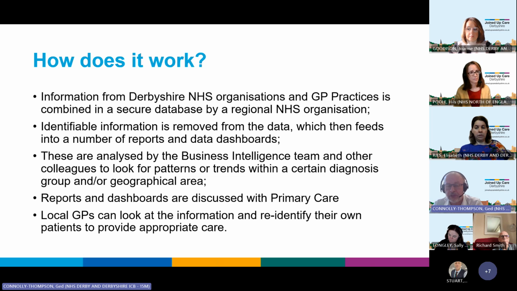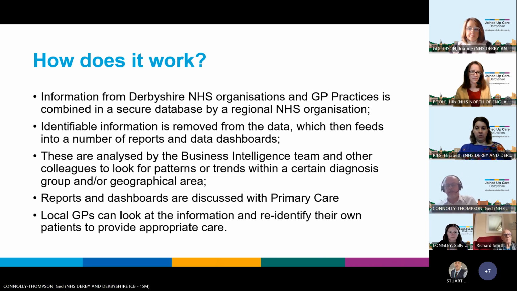We don't know that it's you. We just know that, for example, there's a certain number of patients in this area that we think require some additional support. When that's sent back to the GP practice, it's your GP who can re-identify, and they can only see their patients. They can't see other patients, so your information will not be shared with any other GP practice. It's purely the GP practice that provides your care.